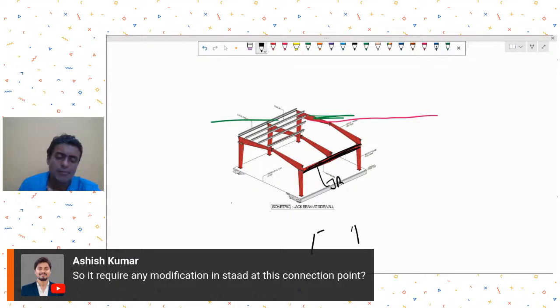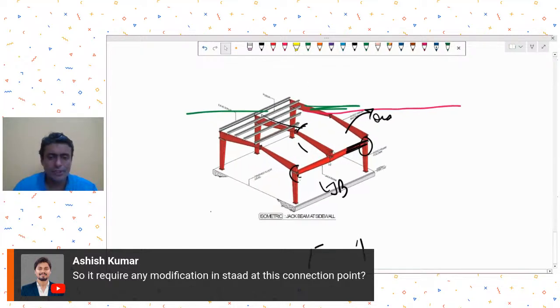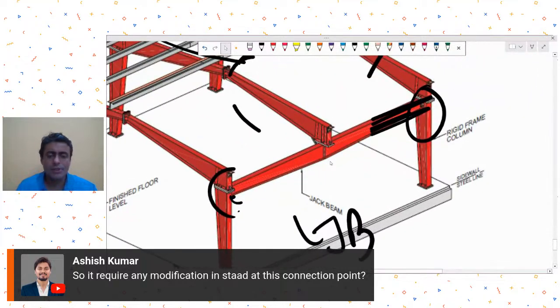This is my jack beam. Now this jack beam is, let's say, connected through a shear connection to the column. The problem here will be that the rafter may induce torsion in this jack beam, and that might be a problem for us. So here the connections, if you see again, are formed so that not much moment can be transferred, and only the axial and downward forces are transferred, not the moments.